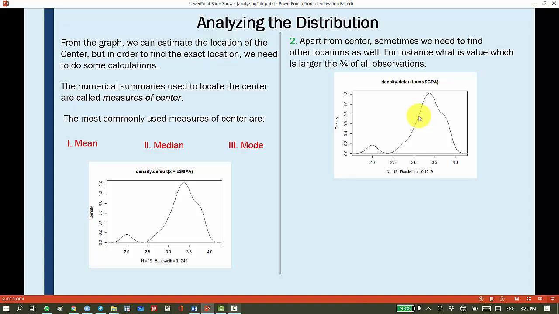If we want to find the value of GPA which is larger than 80% of observations, that is actually this location here, which is larger than 80% of our observations on GPA. Obviously, this is smaller than 20% of our observations on GPA. We use quantiles and percentiles to find different locations as we want along the distribution of the variable of interest.